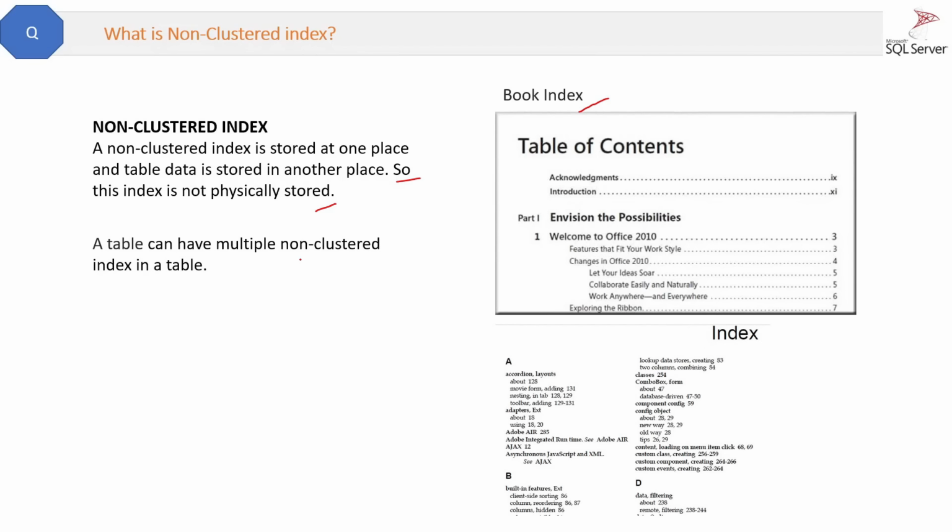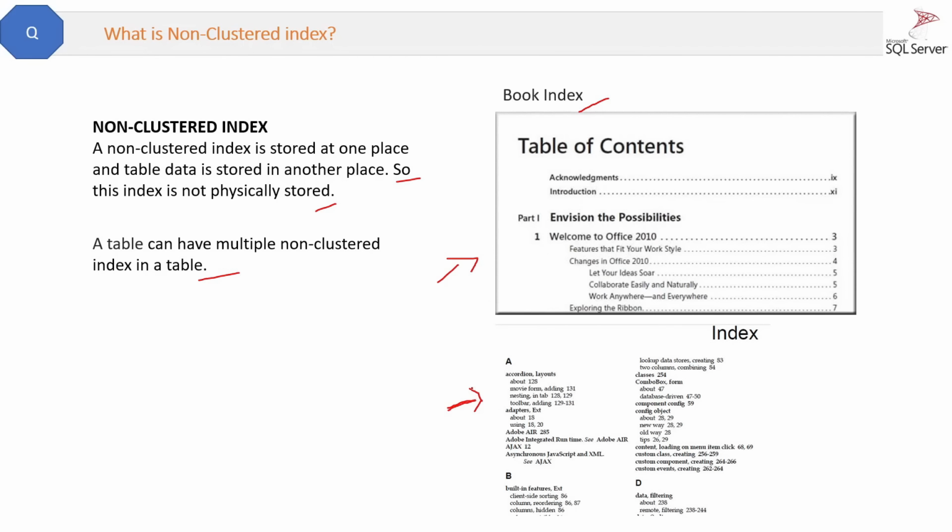A table can have multiple non-clustered indexes. So for example, some books can have an alphabet-wise index which can be at the end of the book. So we have one index which is like the chapters, the table of contents, which can be at the front of the book.